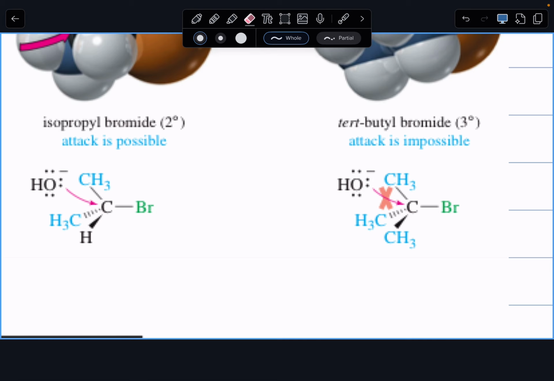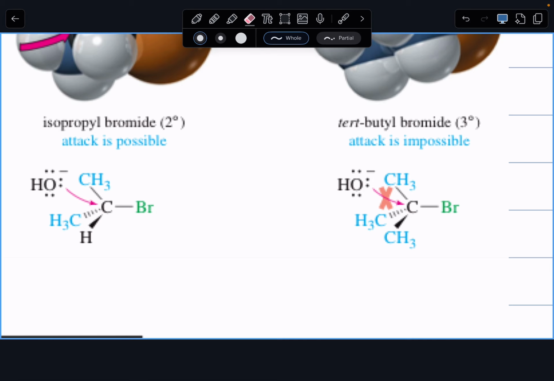So considering the tert-butyl one, we're looking at a CH3, three of them, carbon, Br. My starting material is the same for both mechanisms. We're looking at CH3, carbon, Br, and then an OH minus.